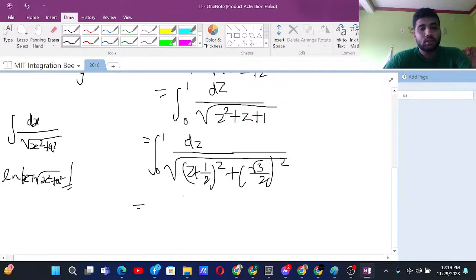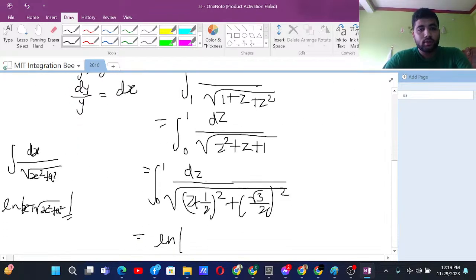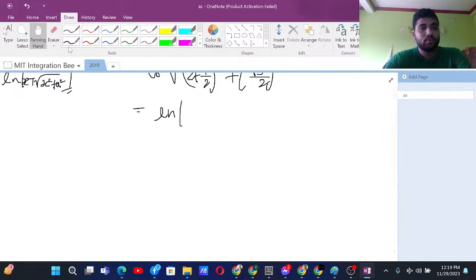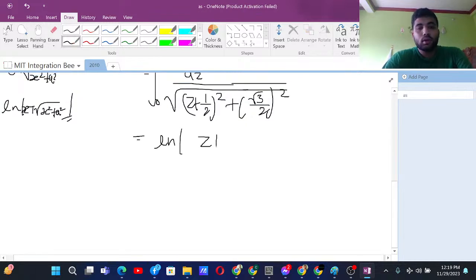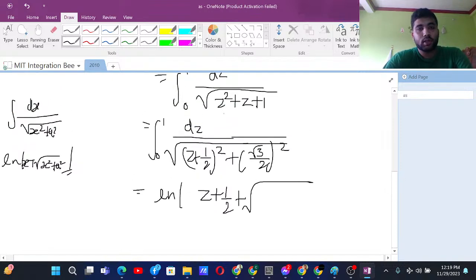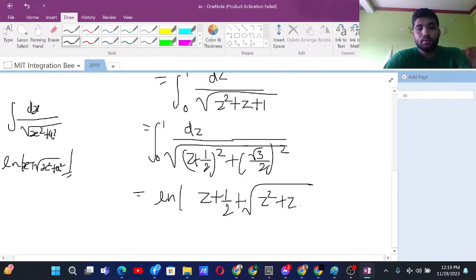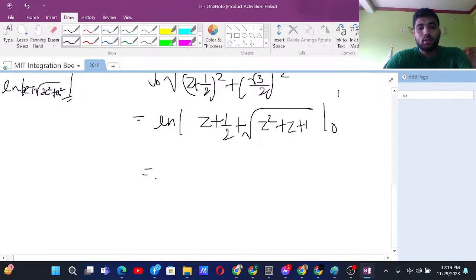Now we'll use this, that gives us ln of z plus root under this, which will give us again z square plus z plus 1, from 0 to 1. Then this will be ln of 1 plus 1 by 2 plus, this is 1 plus 1 plus 1, that's root 3, minus ln of 1 by 2 plus 1 as well.